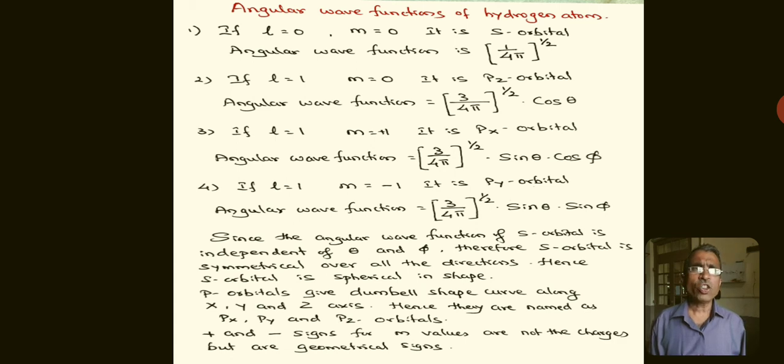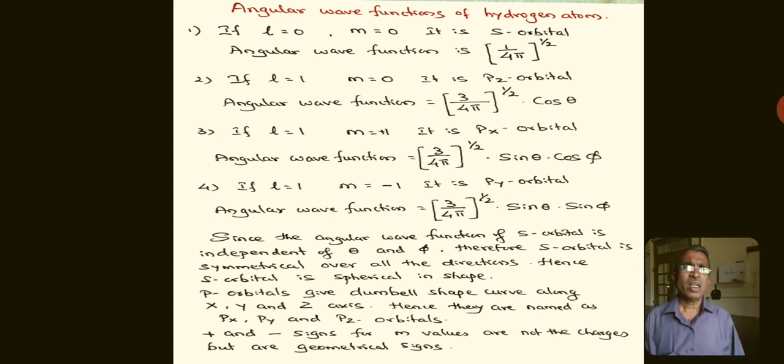Angular wave function for this is 3 upon 4 pi raised to half into sin theta into sin phi. Students, these represent the angular wave functions of s and p orbitals.